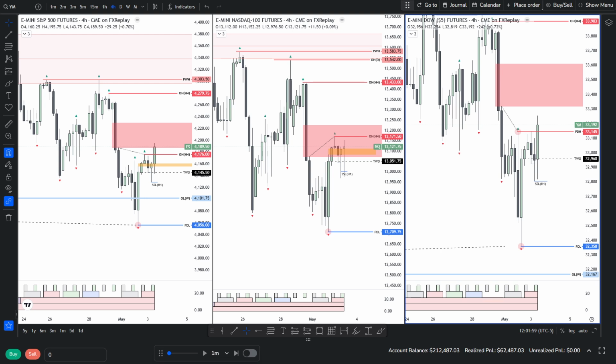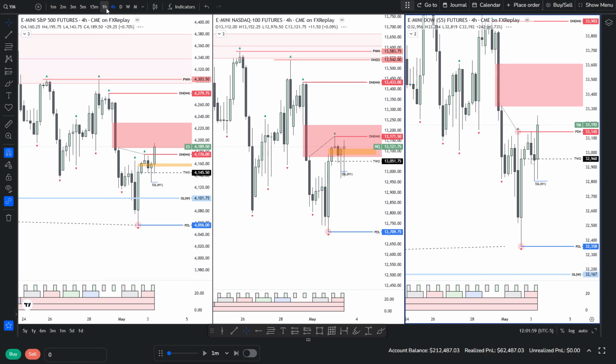And the final one is if we had a higher time frame move lower. So for instance, if we had a cracking correlation below this H4 in relation to this SIBI, which could still form going into the PM session, so that's certainly viable, then we could potentially be looking for lower prices that way.